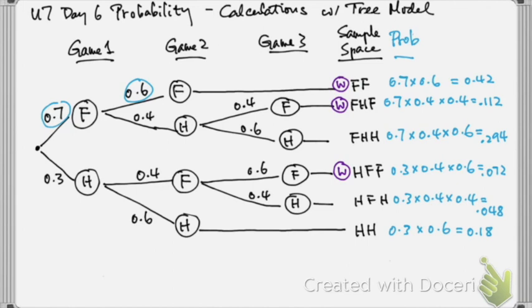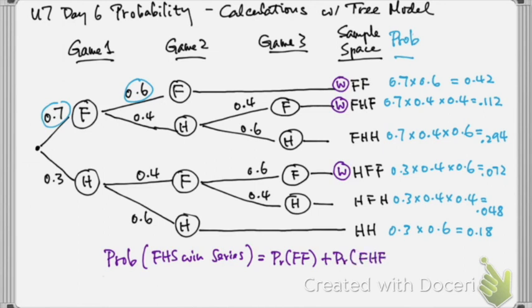So the final probability of Fremont winning the series, of FHS win series, in this case would be summing up all the outcome probabilities that represent our desirable outcome. So our desirable outcome is going to be the probability of FF plus the probability of FHF plus the probability of HFF.